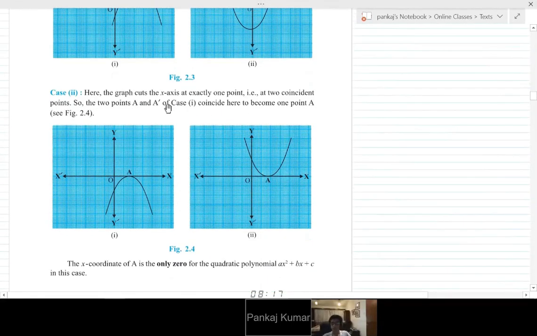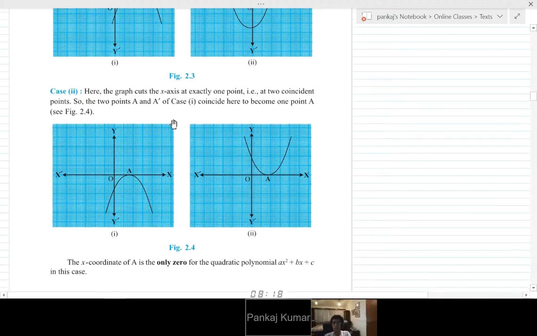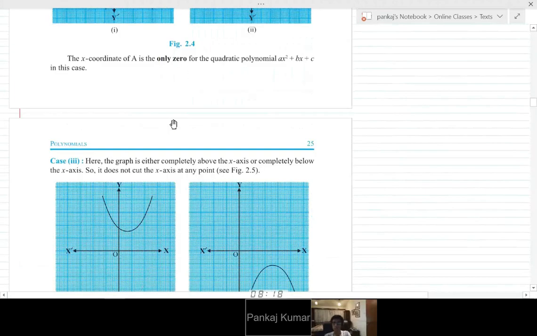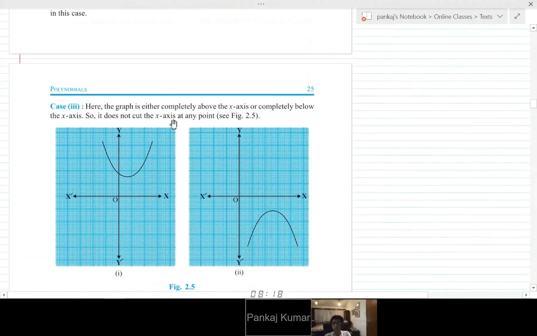For the second case, carefully check: it is 1, at point A. Now in the third case, 0.